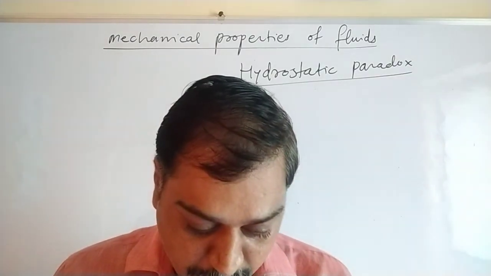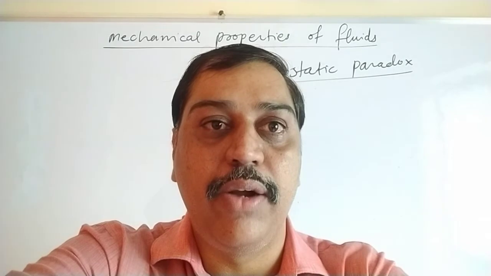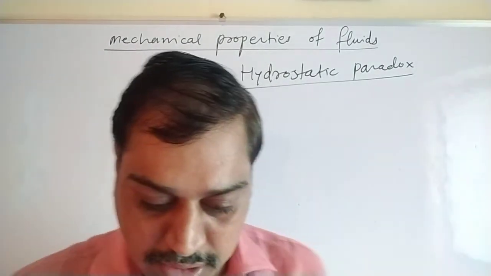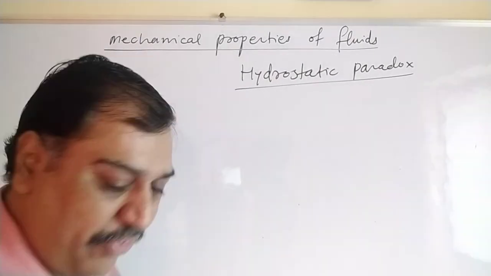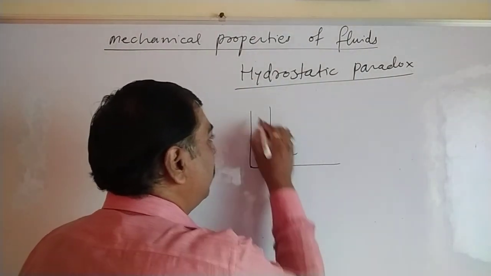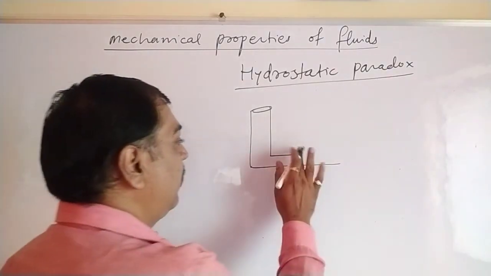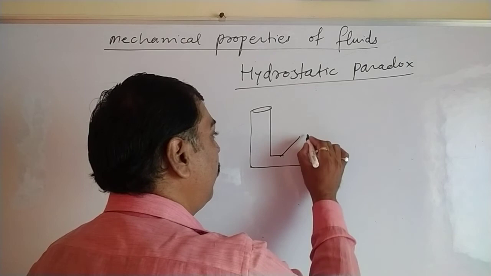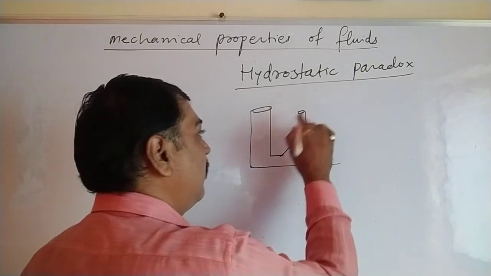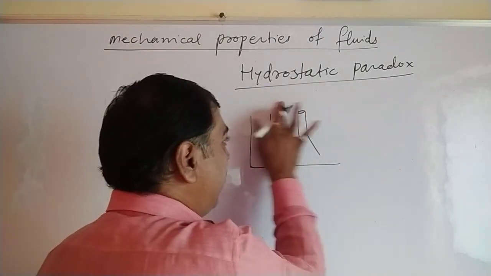In your book they have given figure 2.10a. It's quite difficult to show you here, so I will draw a rough figure. The first cylinder is here. Then they have taken another vessel, the second part, like this. Height should be the same, so I will make the height like this.